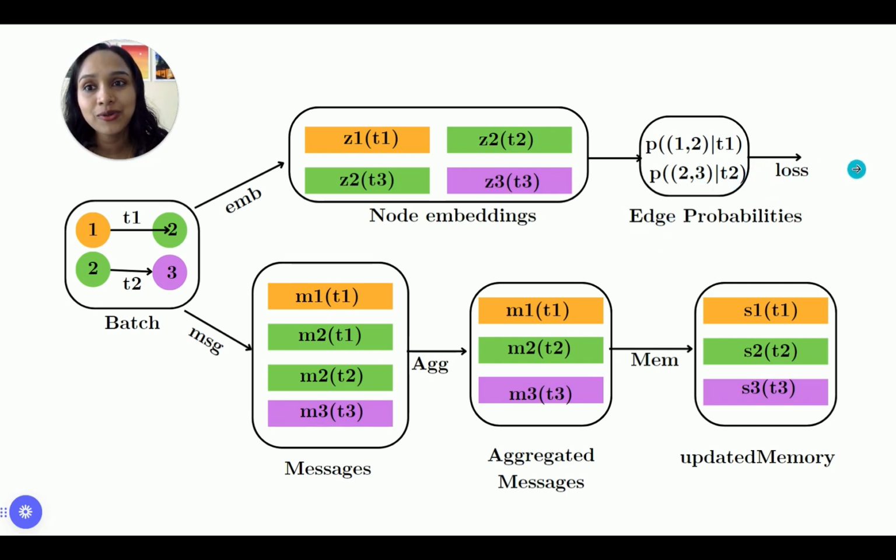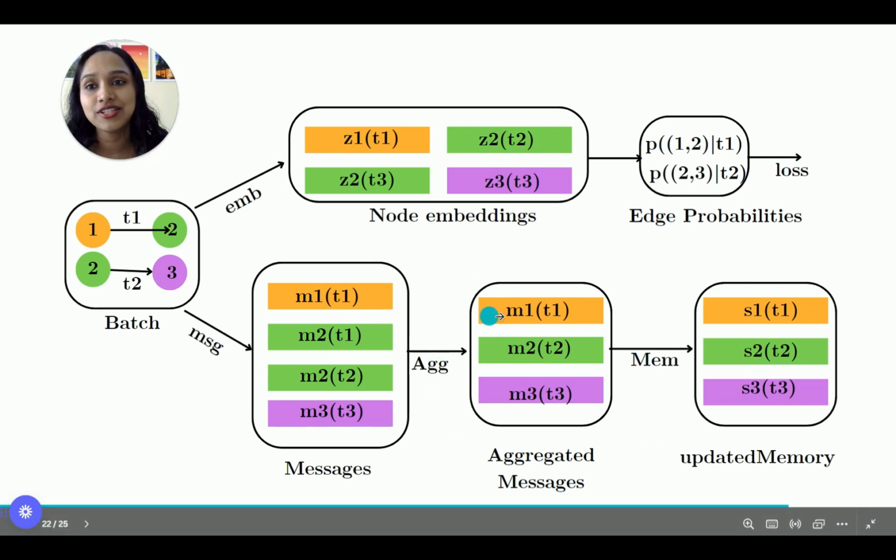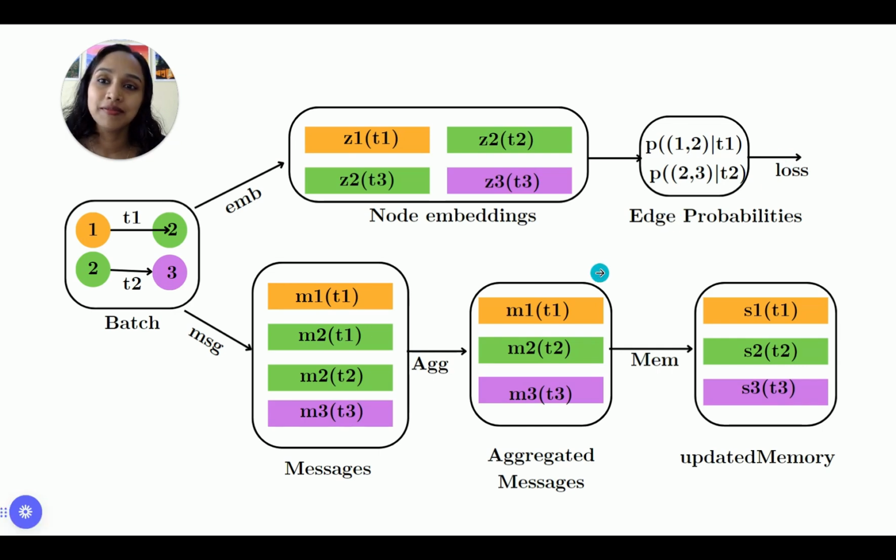By calculating the loss and by training this TGN, we can predict the probability of an edge formation between two nodes. For example, suppose these nodes are the user and item in an e-commerce platform.